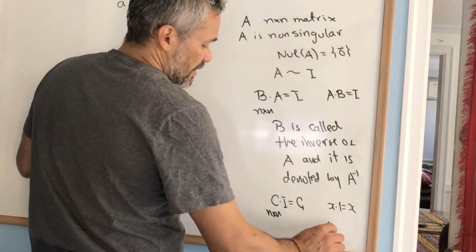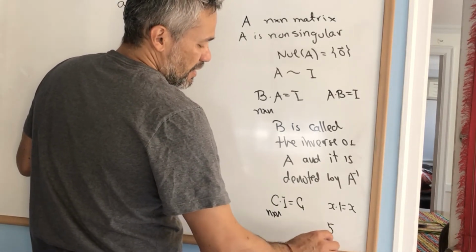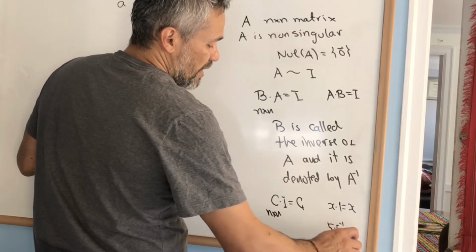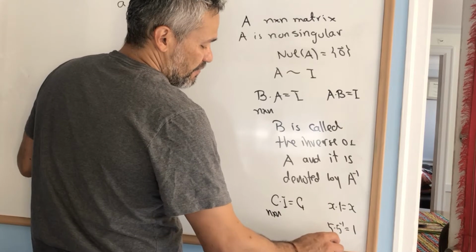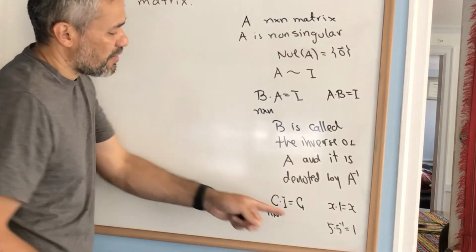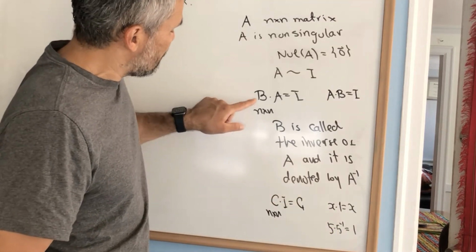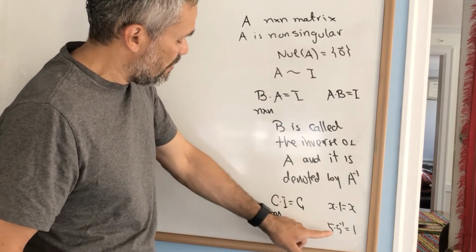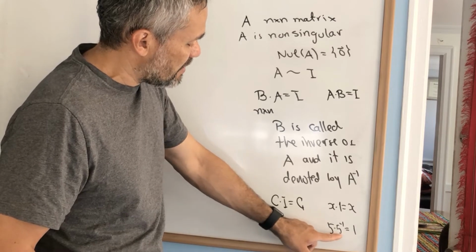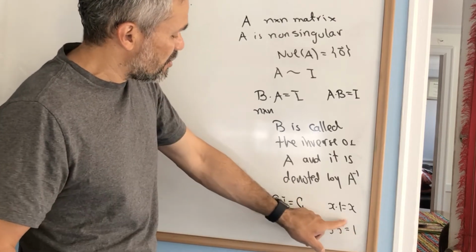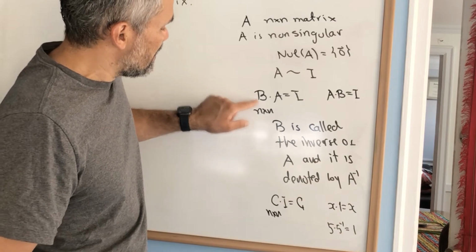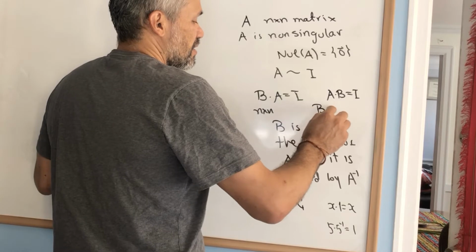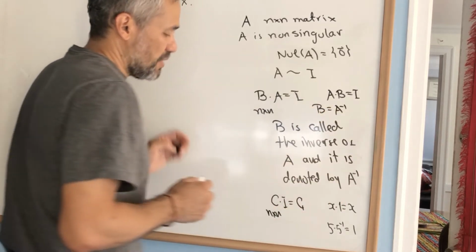Then when we have 5, 5 inverse is the number such that multiplied with 5 gives us 1. 5 inverse is 1/5, and for that reason the matrix B that satisfies that B times A is the identity is denoted by A inverse.